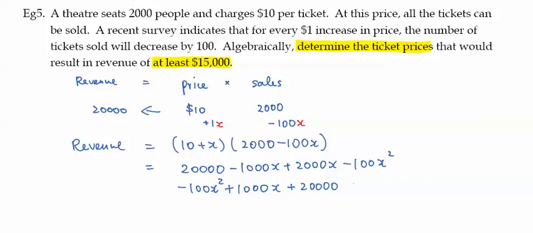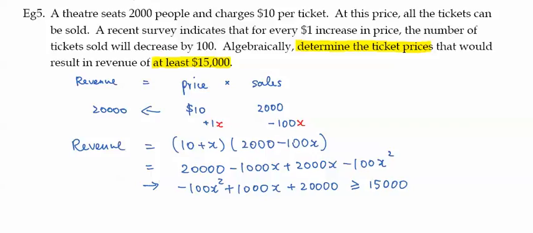Now, if we want to keep this at least 15,000, I will end up with an inequality of this. I want my revenue to be bigger than or equal to this. What would x be? Solve for x.